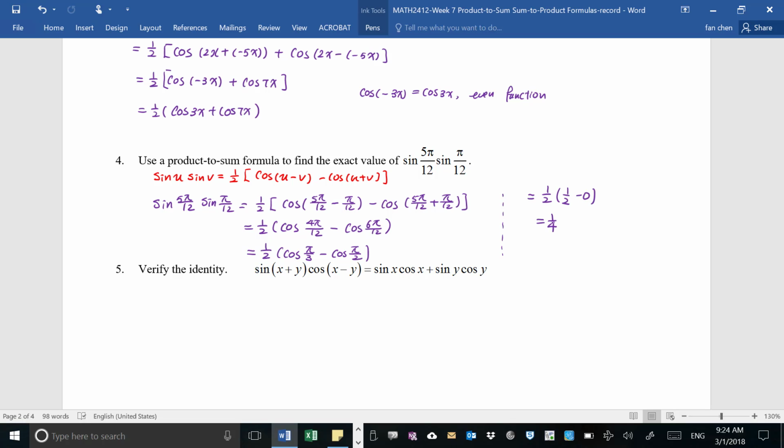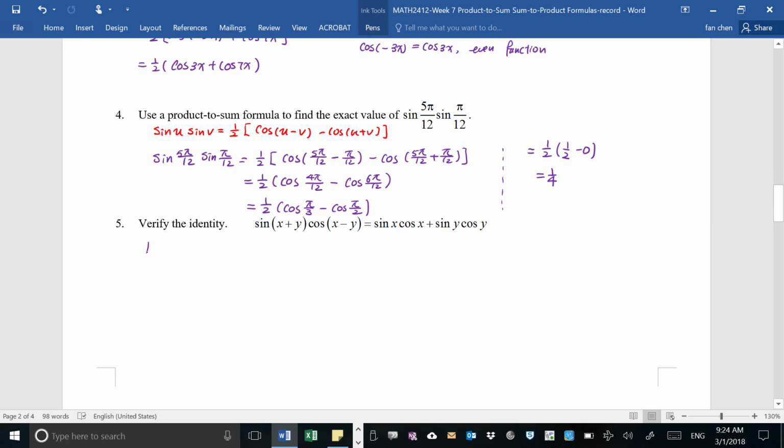Let's take a look at number 5, verify the identities. We can do it from left to right or right to left, and let me just start from left to right. The left-hand side is equal to sine of x plus y times cosine of x minus y, and I'm going to use the product to sum formula.